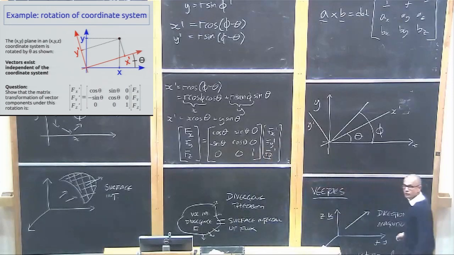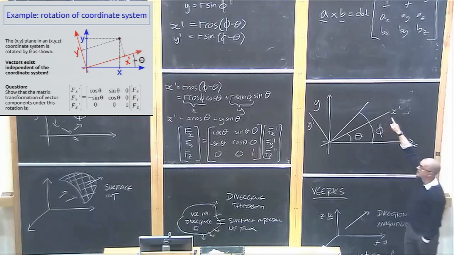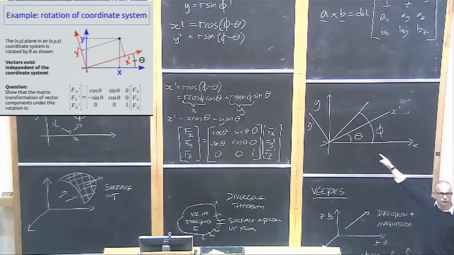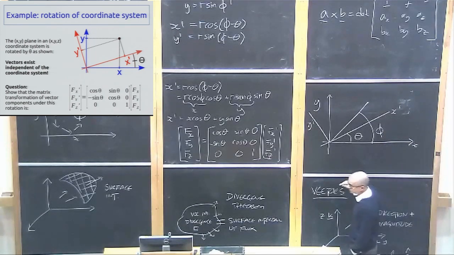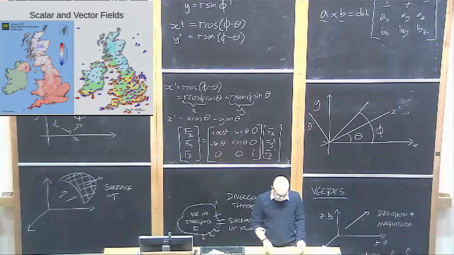Now, a nice thing to do when you go away from here, if you're interested in checking for yourself that this is correct, is you can project these distances down onto your axes, and you can work out geometrically these results and show that they are correct.